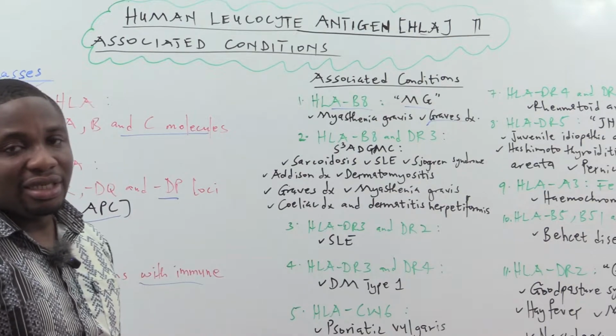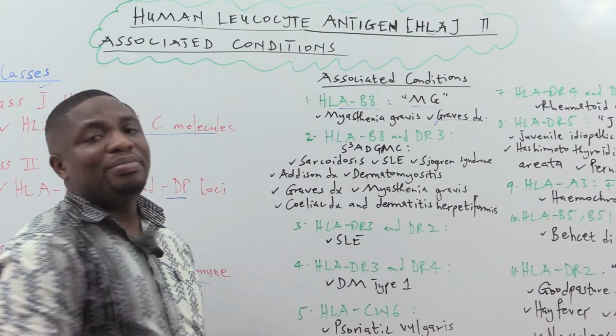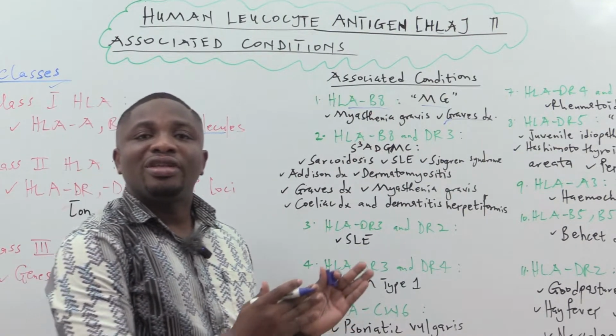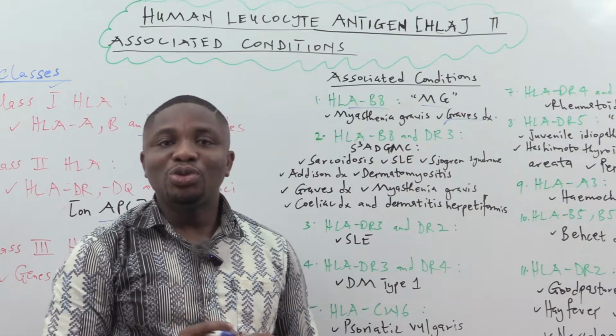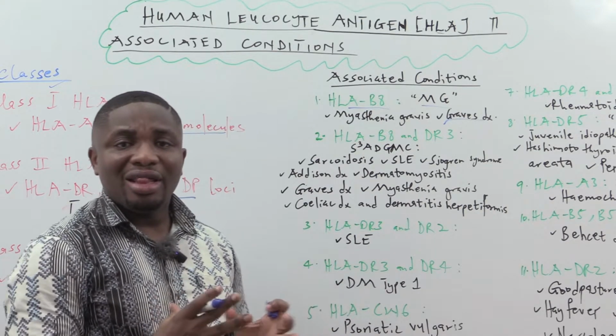Let's move to the next HLA and the associated condition, and that will be HLA B8 and DR3. The B8 will belong to class 1 HLA and the DR3 will belong to class 2 HLA. With that, you can easily remember the conditions associated with that combination.